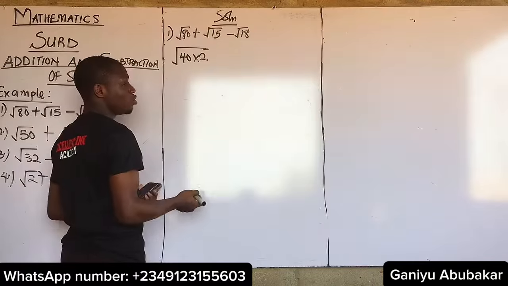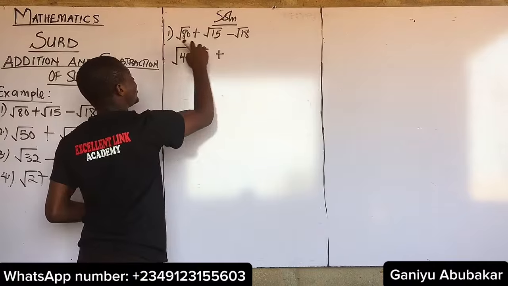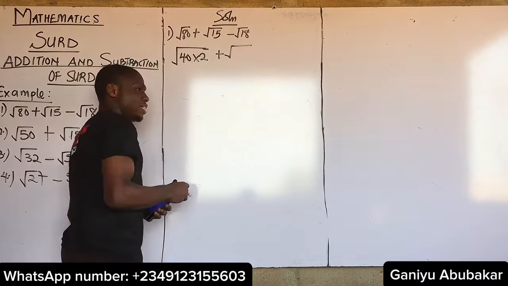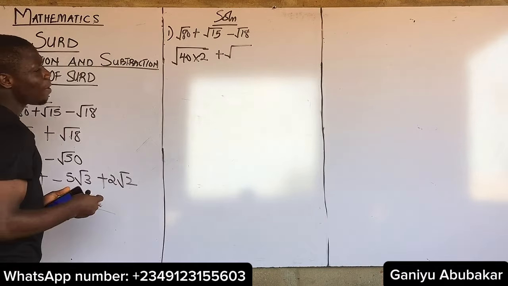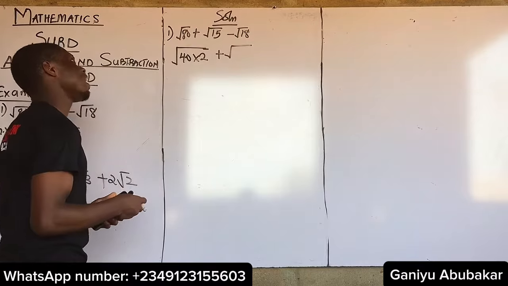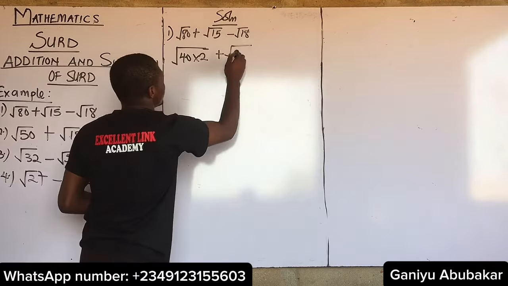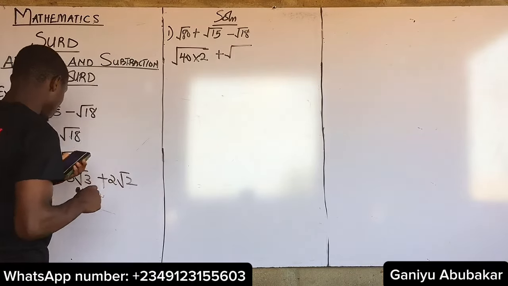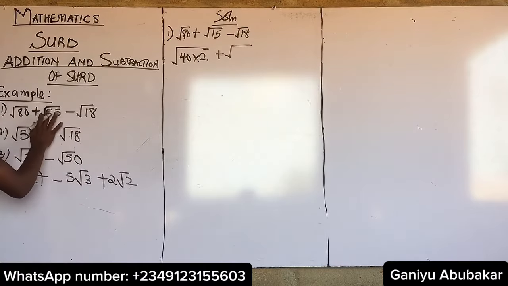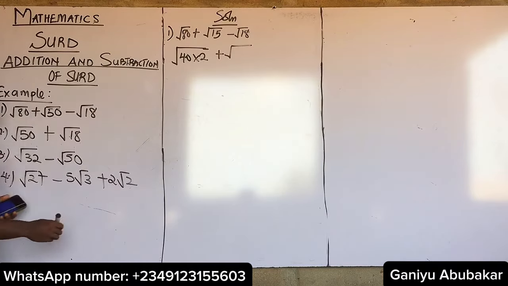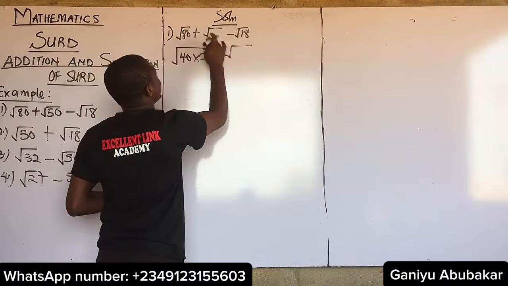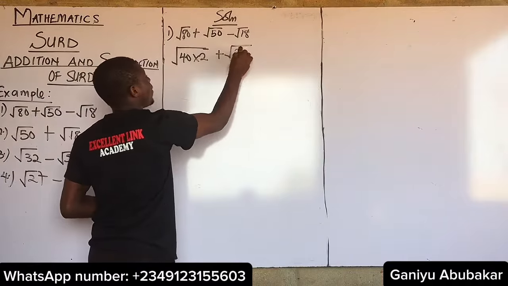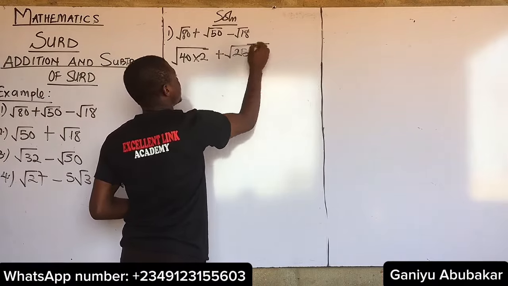Plus root 50, sorry, this is not 15, it is 50. If I have root 50, I know that 25 times 2 will give 50.